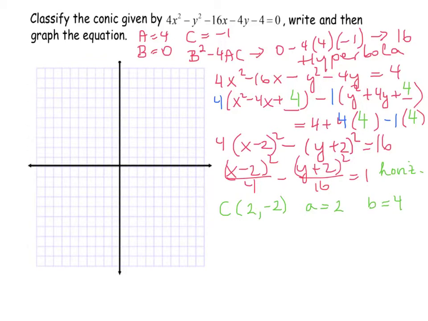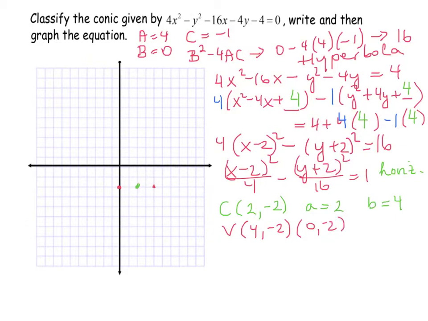I start my graphing process by graphing 2, -2. So here is my center. From the center, I go left and right 2 units to have my vertices. At this point, I can write the ordered pairs for my vertices: 4, -2, and 0, -2.